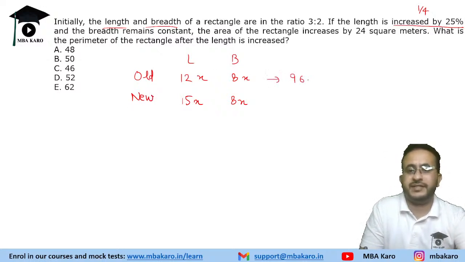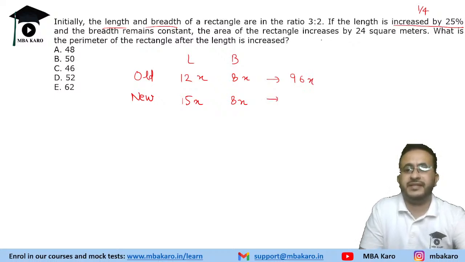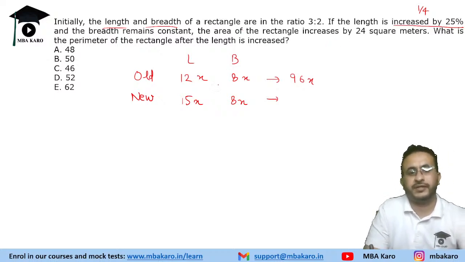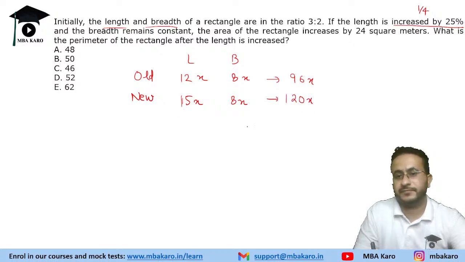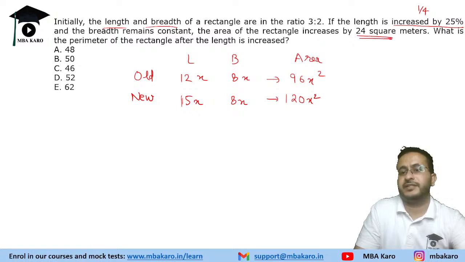It was 96x², and if the length is increased by one fourth and the breadth remains constant, the new area is 120x². It is saying that the area of the rectangle increases by 24, so the increase is 24x² = 24. So x is equal to 1.